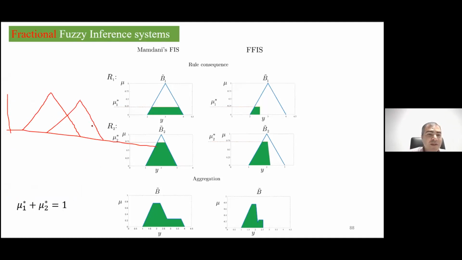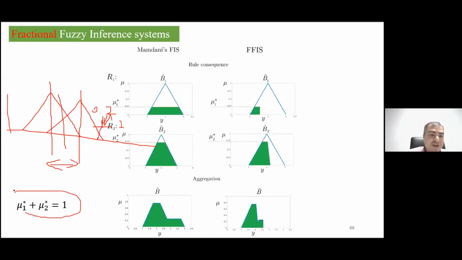For example, if this is mu star 2, and this is, for example, 0.2, then from here until here, in this period, we want our simulation to cover these sections when there is such a relation between the truth degrees coming from the antecedent part.